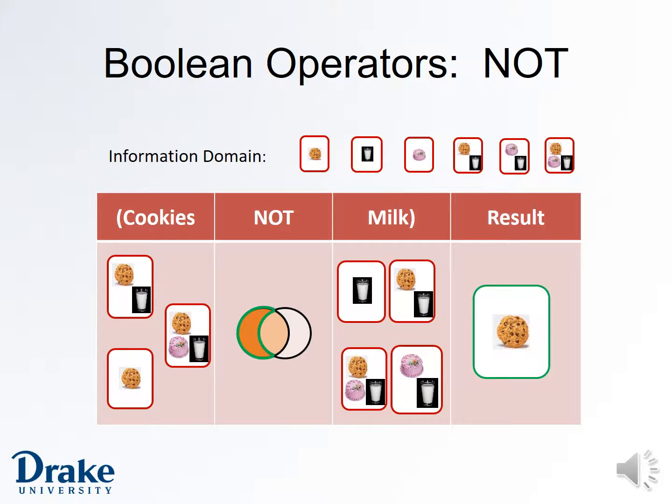So once again, we form our cookies and milk sets, and by using the Boolean operator NOT, we say that we want cookies, but anything which has milk also on the same menu item we want to discard. The result is one menu item, the singular cookies. So notice how while AND increases precision and decreases recall, NOT also increases precision and decreases recall, but NOT does it in a much more heavy-handed, aggressive manner. So be careful with the use of the Boolean operator NOT.